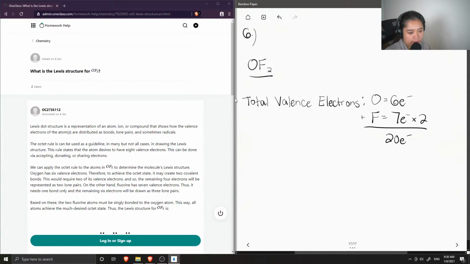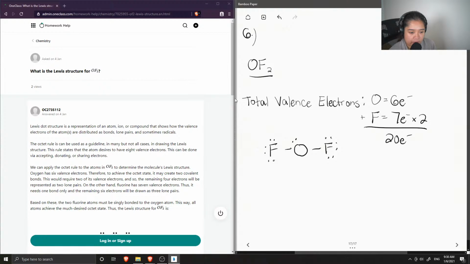So now I'll draw my central atom, which is the oxygen, and the fluorines as the 2 terminal atoms. And I'll show all of the lone pairs. So fluorine has 3 lone pairs. And notice that oxygen doesn't have a full octet yet. And we've only drawn 16 electrons so far.